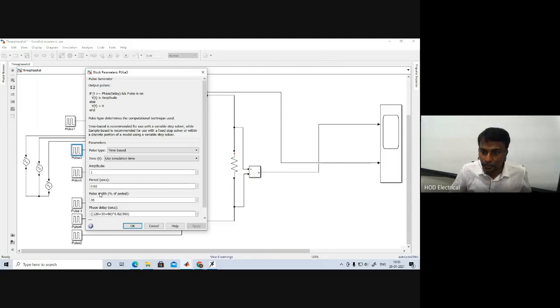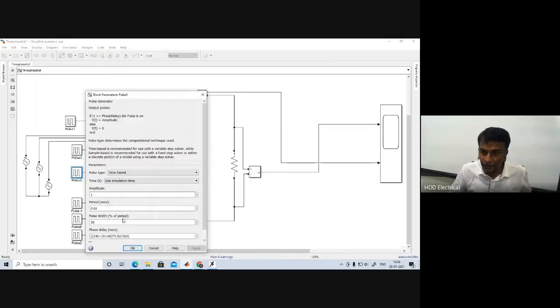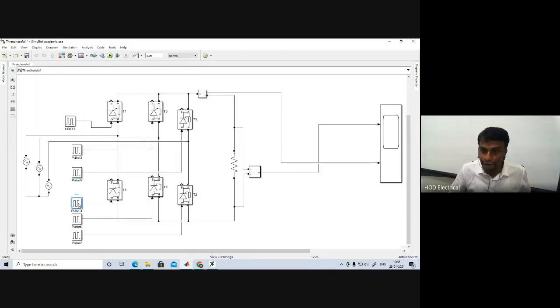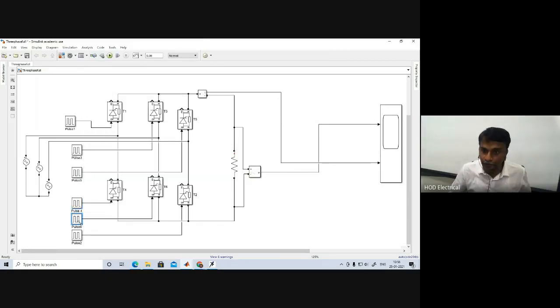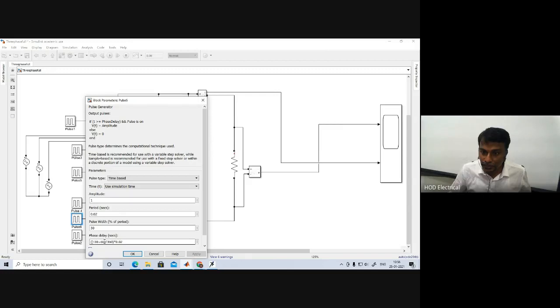Maybe you can give 120 also. So 60 is changed to 80, then this also changed to 80, then this firing pulse also changed to 80.